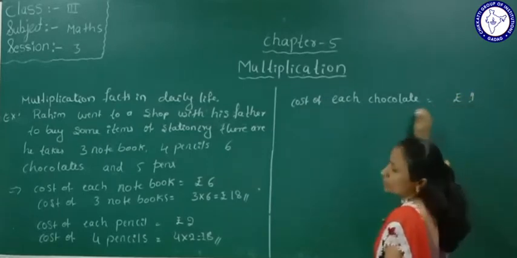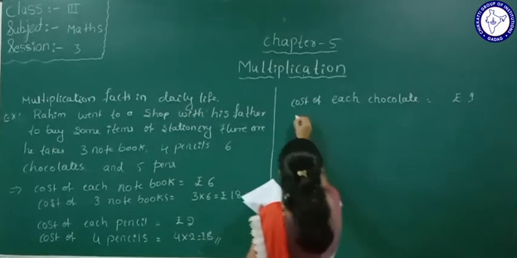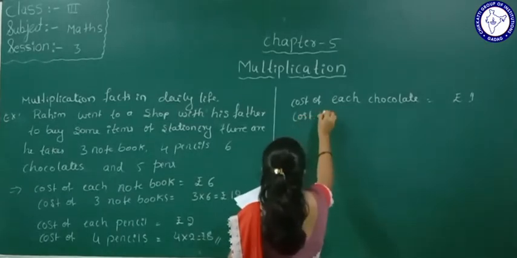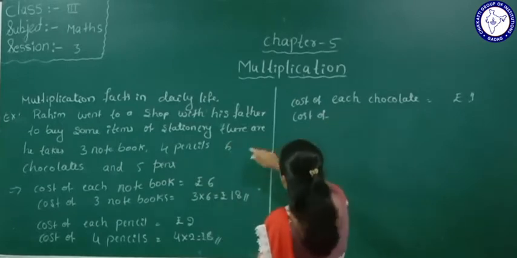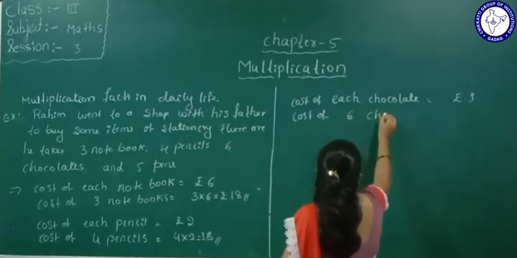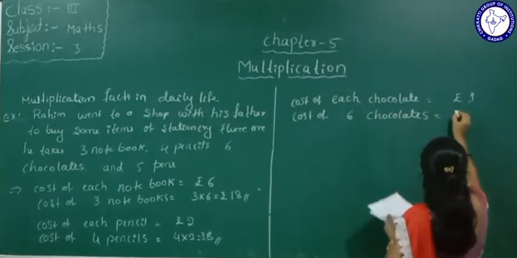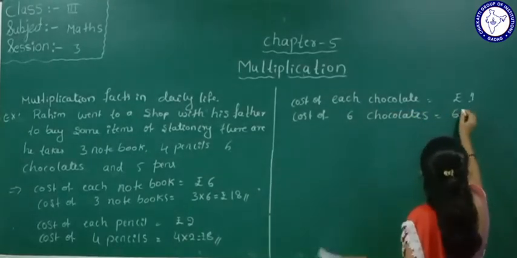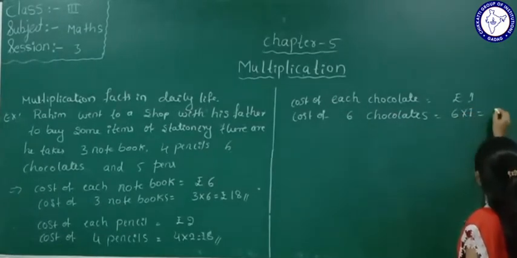So per chocolate, how much? 1 rupee. How many chocolates did he take? 6 chocolates. Cost of 6 chocolates is equal to 6 chocolates into 1 rupee, which is equal to 6 rupees.